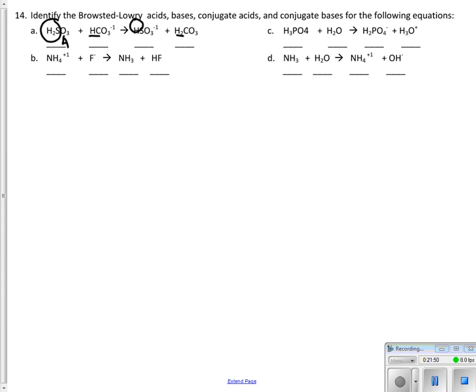If they ask you about conjugate acid-base pairs, remember the difference between a conjugate acid-base pair is a single H. So like if I have H2CO3, that's going to be my conjugate acid, my conjugate base, just take an H off, would be HCO3 minus. Here I have four H's, there's three, it goes down, so that's an acid. Here I have 0, now I have 1, that's a base, and they're just the opposites.